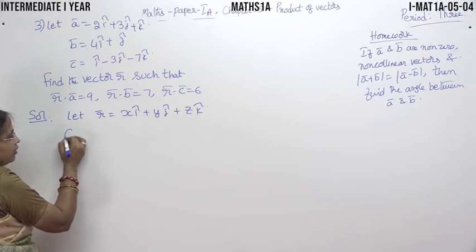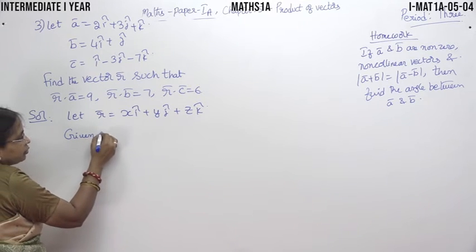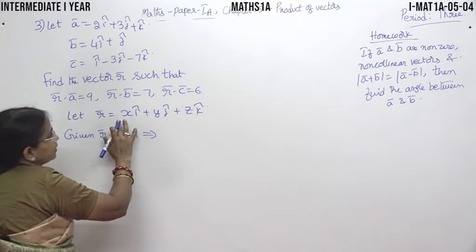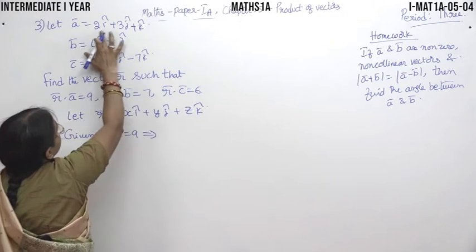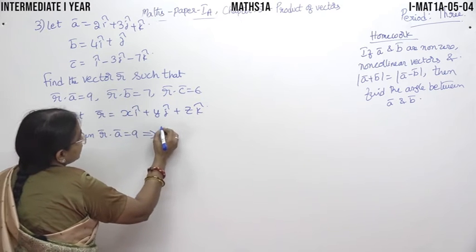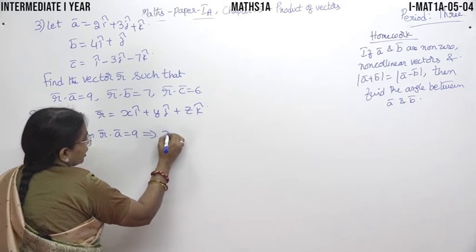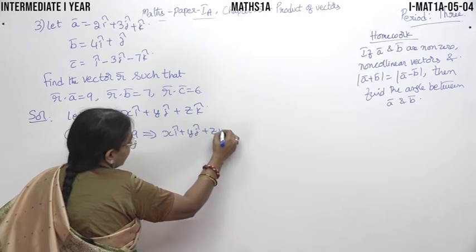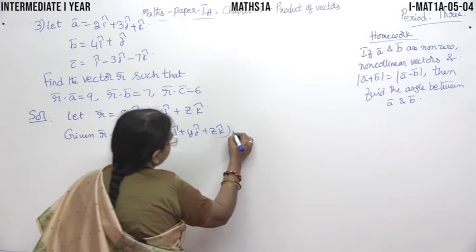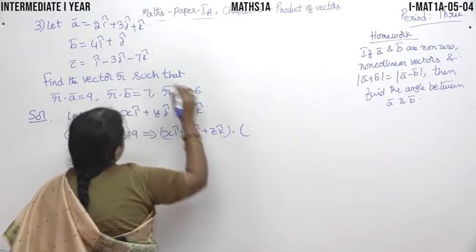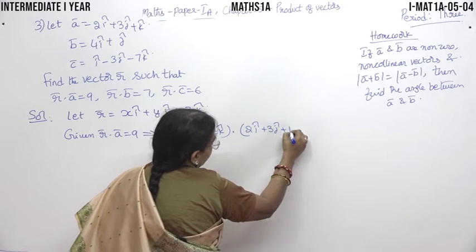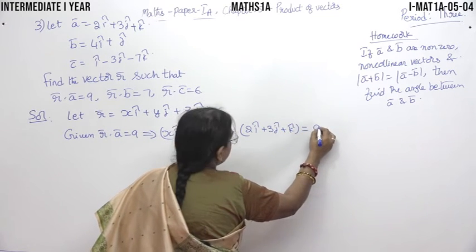Then you are given R dot A is equal to 9. So that means this vector dot this vector is 9. That means xi plus yj plus zk dot 2i plus 3j plus k is equal to 9.